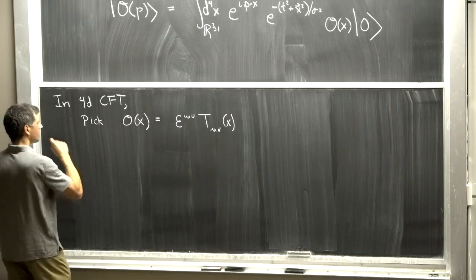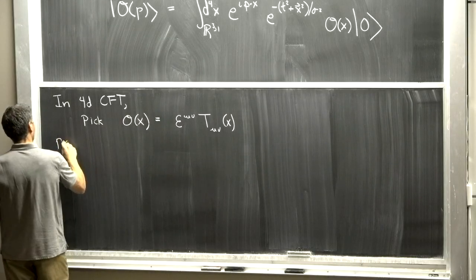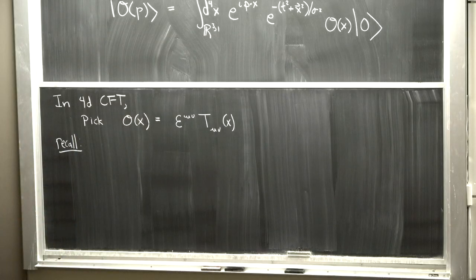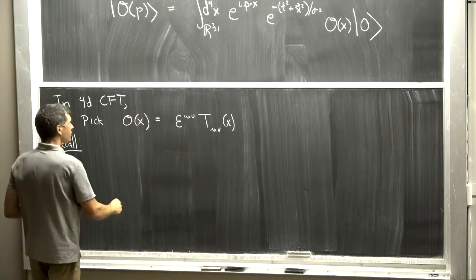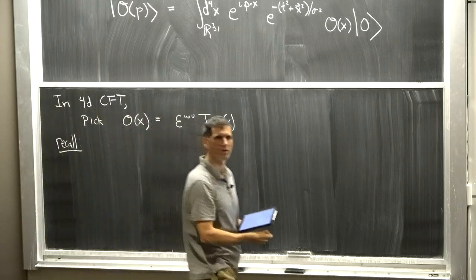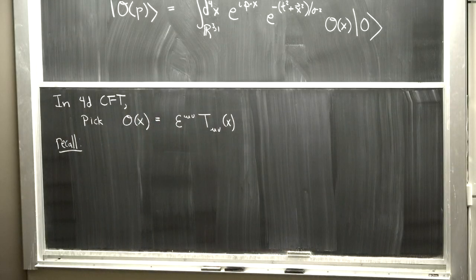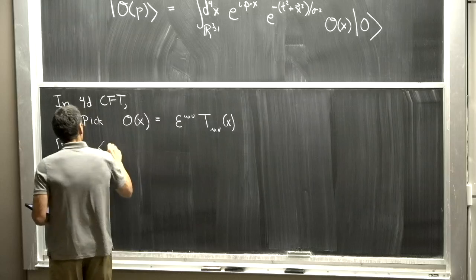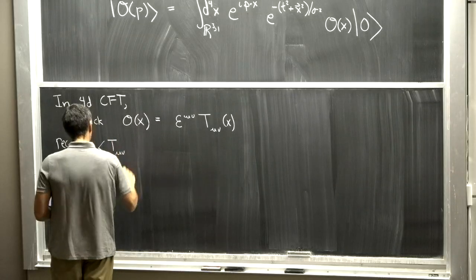Now, let's remember from David's lectures that, so now we're talking about a stress tensor 3-point function, right? Each of these things was a stress tensor, so we're talking with some integrated stress tensor 3-point function.